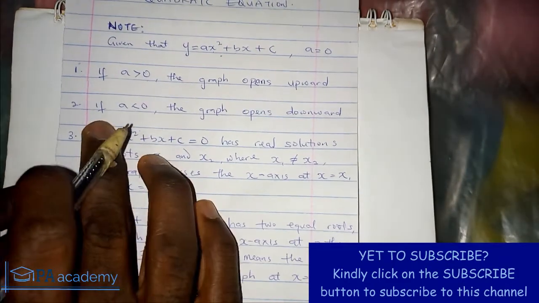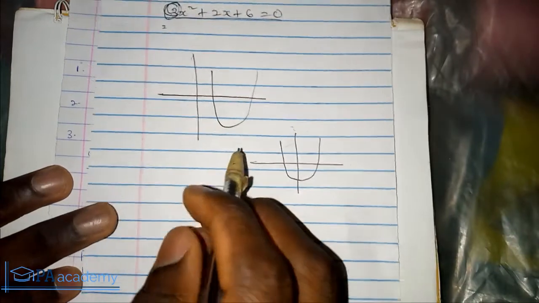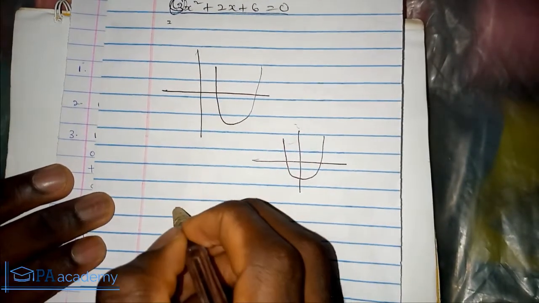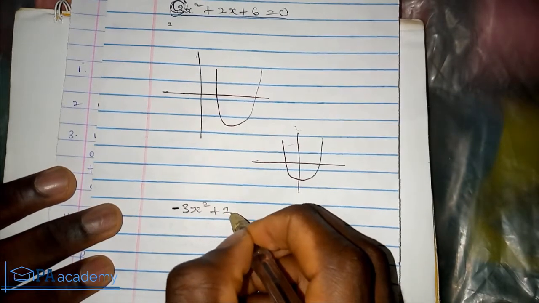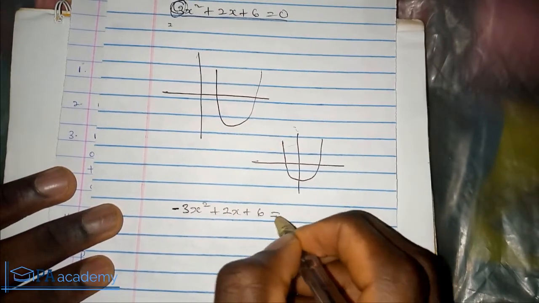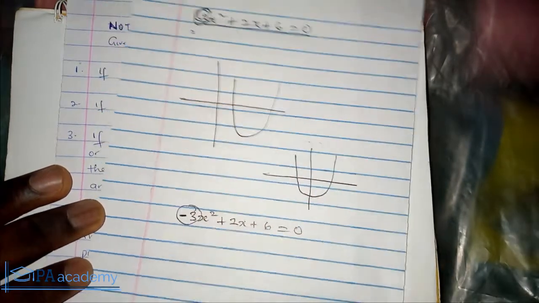The second one says if a is less than 0. For instance, if you have a quadratic equation with, let's say, minus 3x squared plus 2x plus 6 is equal to 0, you can see the value of a is less than 0.